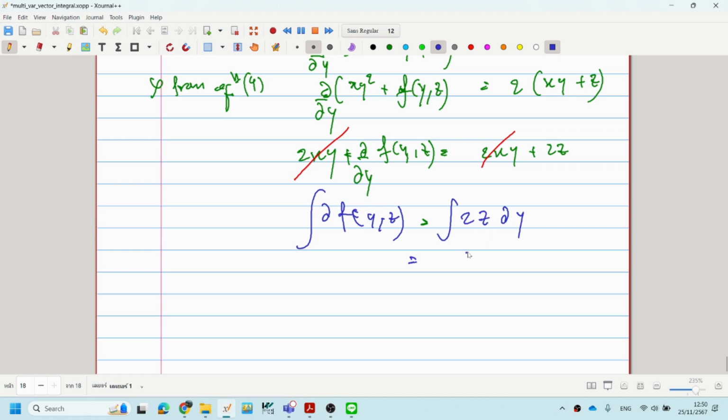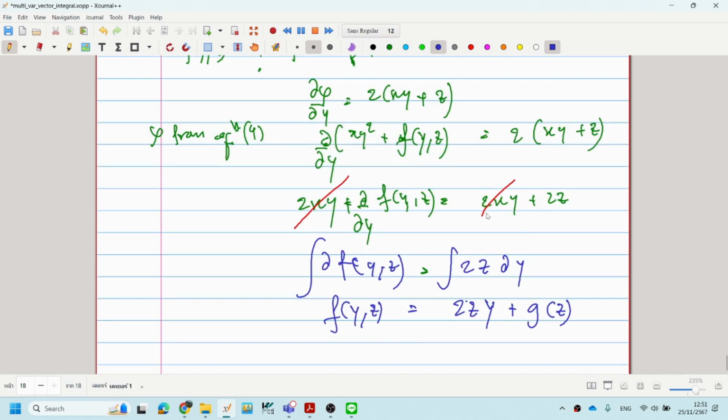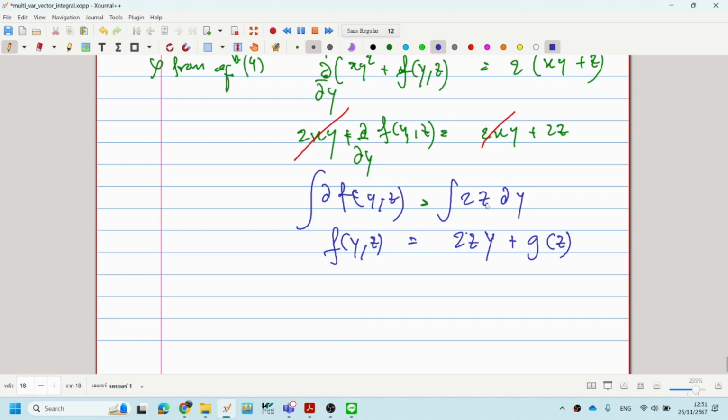The right side is 2z because it's constant, equal to the partial derivative with respect to y, right? And the other side, function y c, and it's plus g z. Keep z constant, right? Because just only y and c, keep c constant, differentiate with respect to y.